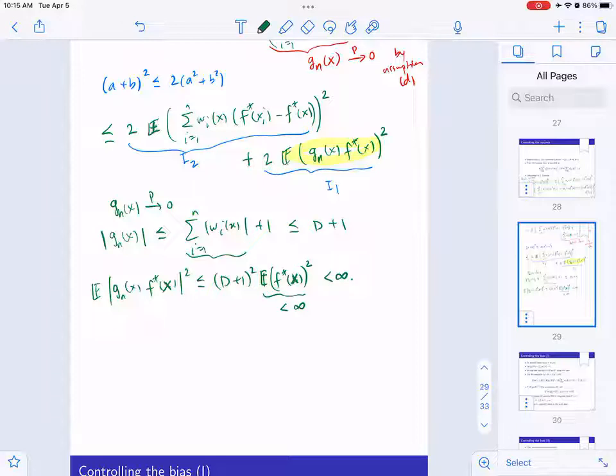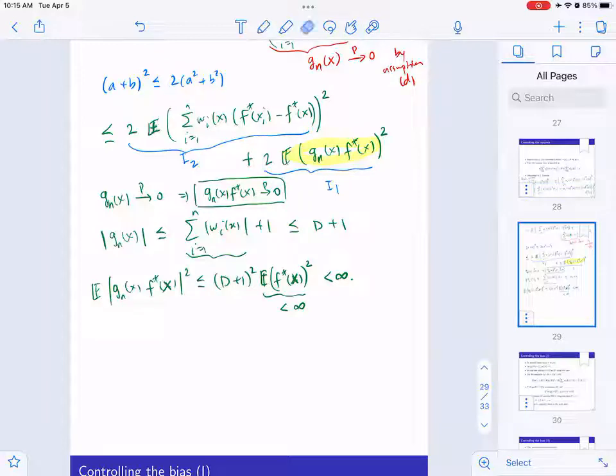So I have a sequence of functions. Because this is going to 0 in probability, this is like a pointwise limit. This implies already that this converges in probability to 0, because f* is constant as a function of n. So this function is going to 0 in probability and is also dominated.